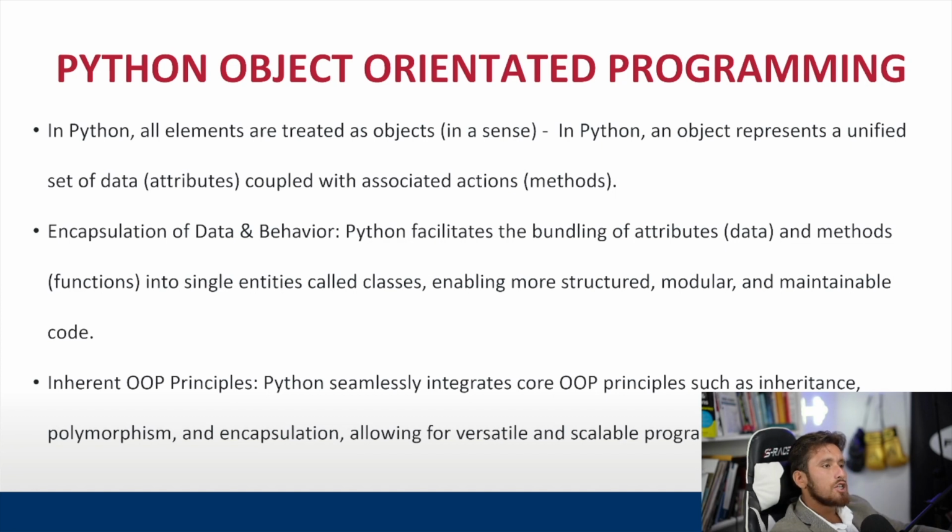So encapsulation, we're able to understand how the bundling of this data and methods, in what we learned as functions, is able to be concise in a structured manner that allows us to utilize these behaviors and this data in a way that's easier for us to understand once we get a hang of how to write Python code in relation to object-oriented programming.